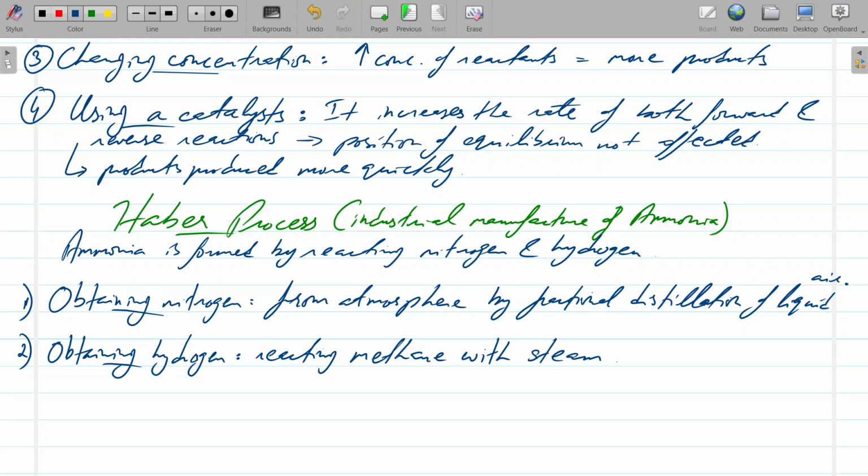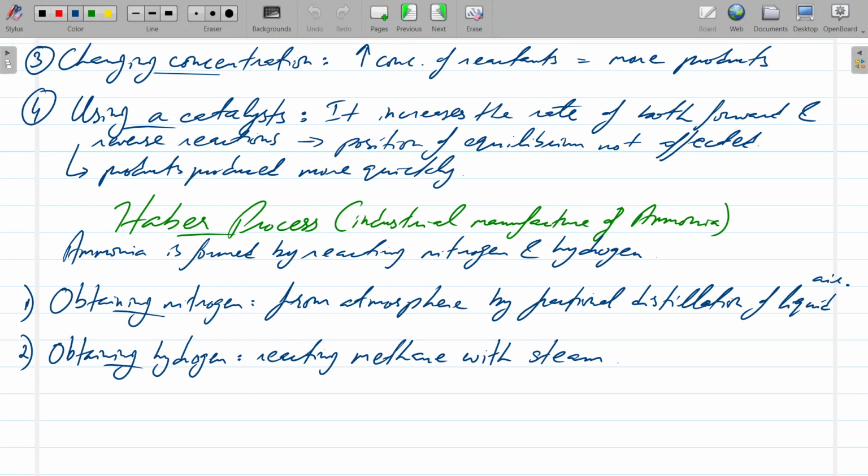So let's write that down. Go to the next page. You have methane plus steam. It's a reversible reaction, giving you hydrogen and carbon monoxide.